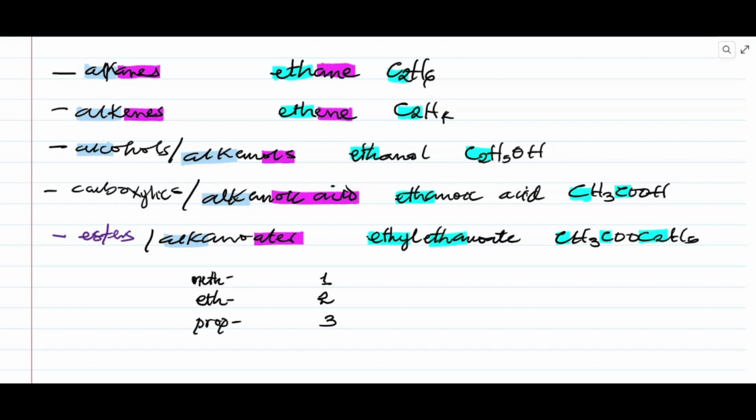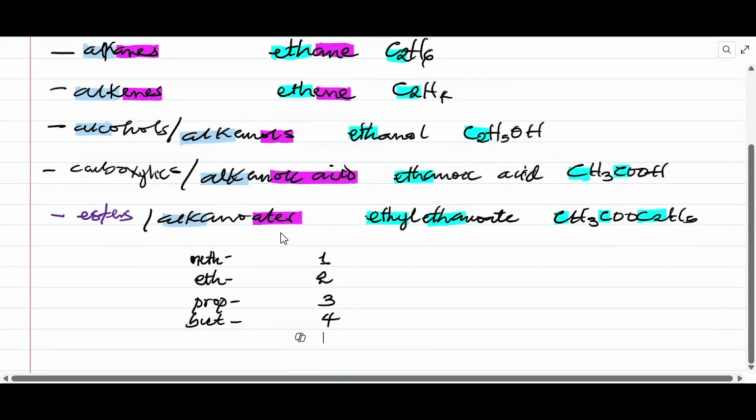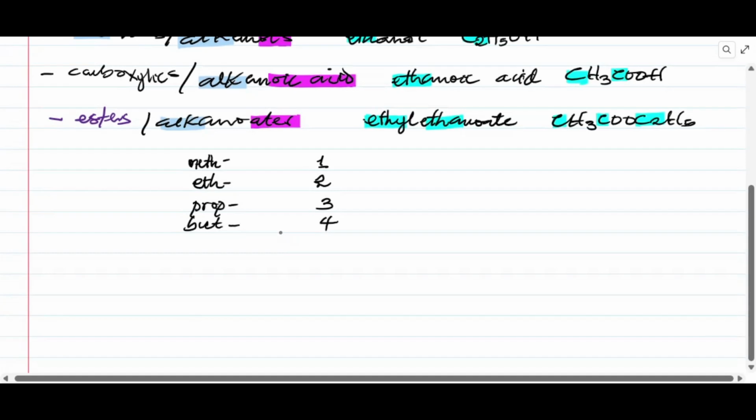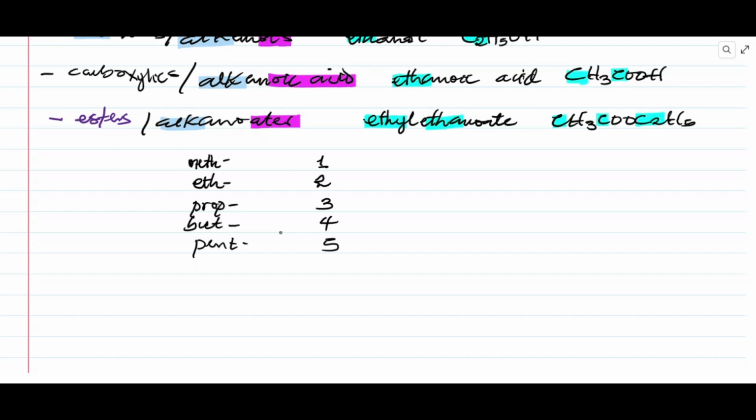And if another compound has 4 carbon atoms, the name will start with but. And for 5 carbon atoms, the name starts with pent. It goes beyond 5. It can be 6, 7, 8, 9, 10. But for IGCSE, I can add one more. If the compound has 6 carbon atoms, then it's going to be hex.